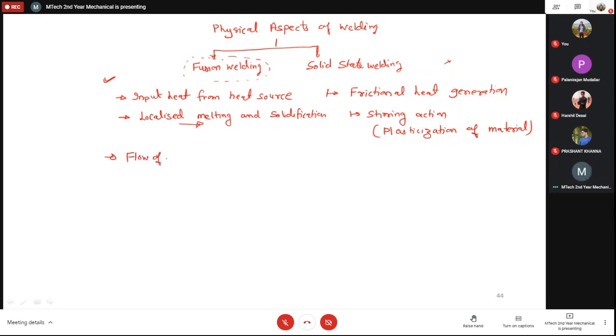Flow of molten material happens. Maybe the flow of molten material from the workpiece sideways to the electrode, or the melting of the electrode, transfer of the molten part of the electrodes to the weld pool. Okay, so these transfers happen, or the radiation from the molten material to the environment.